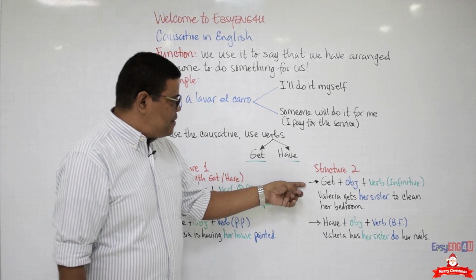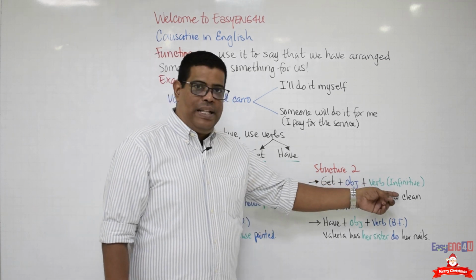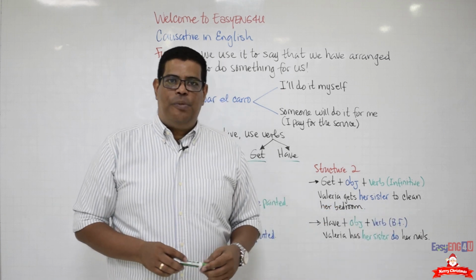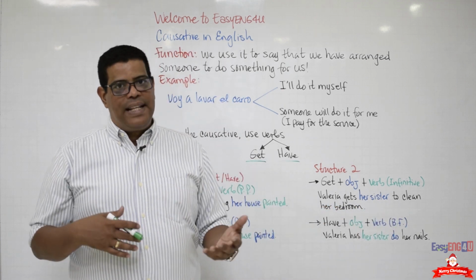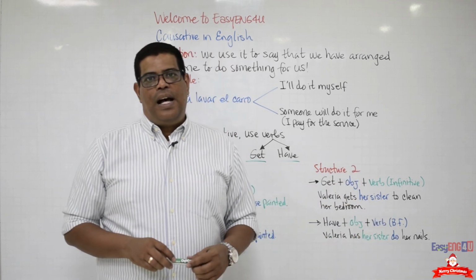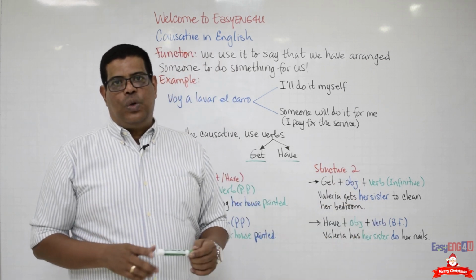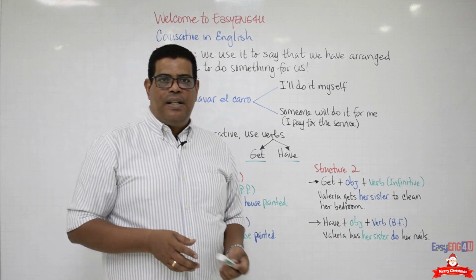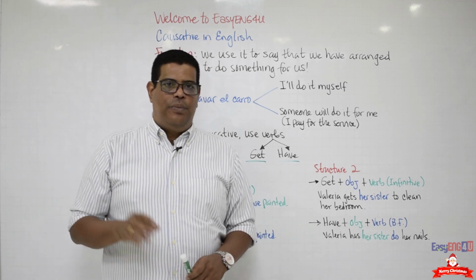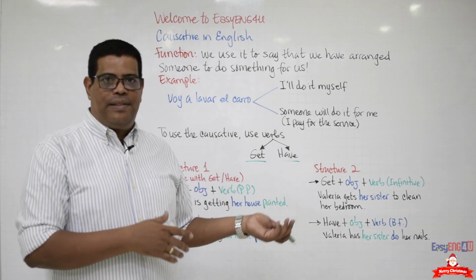In the first case, get will be followed by a verb in the infinitive, and have will be followed by a verb in the base form. Once again, if you don't know what the infinitive or the base form is, I already shot a video called verb combination plus verb forms in English. You can look at it. It's an excellent video. It will make this topic clear for you.